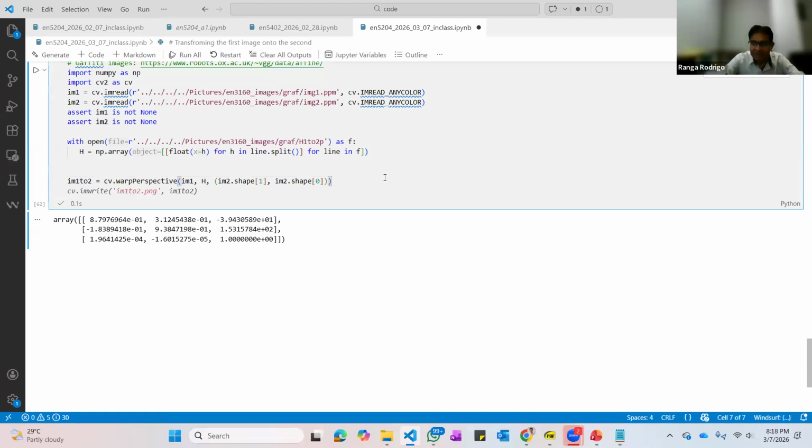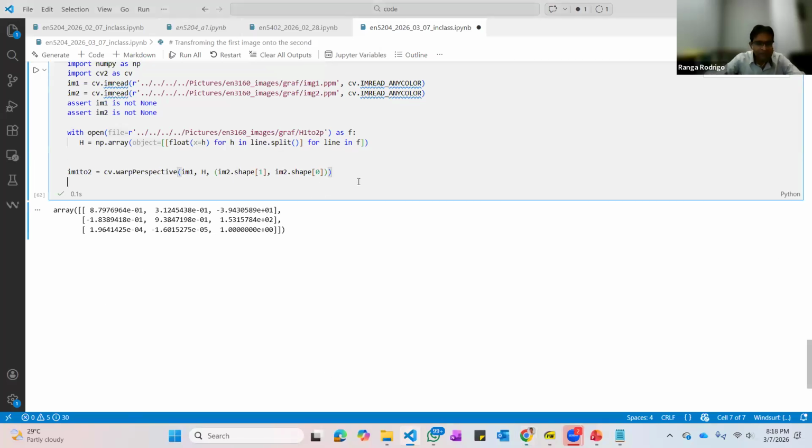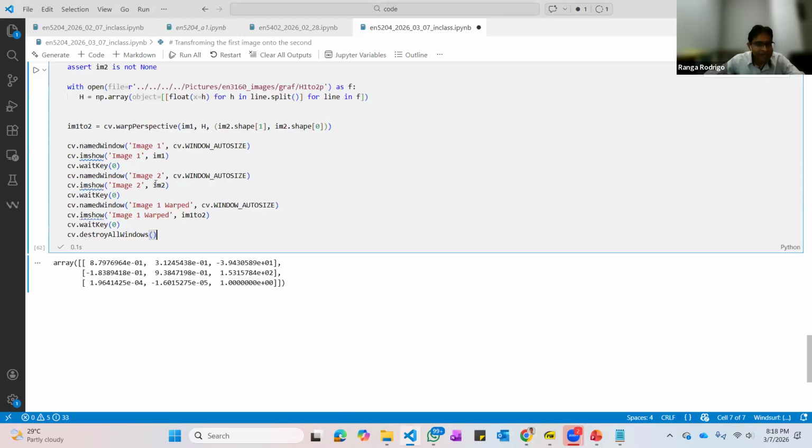Let's try that. Then I'm going to show these with OpenCV windows. We can see image 1 I show and image 2 I show, and then the warped image I show.